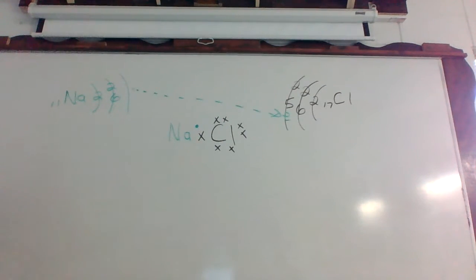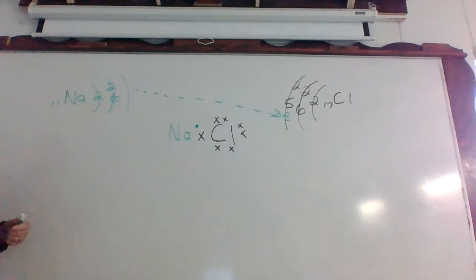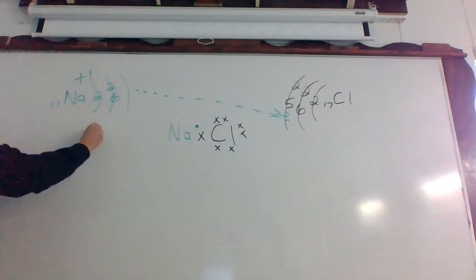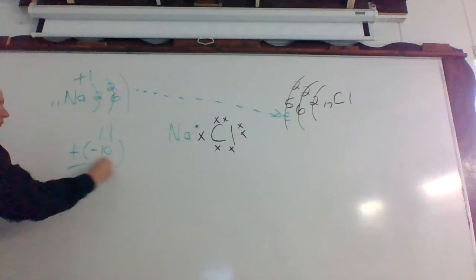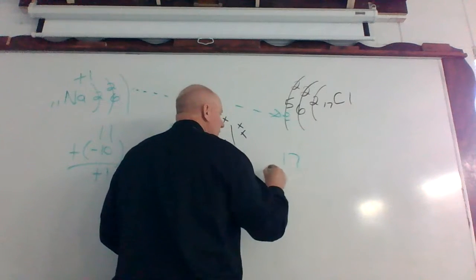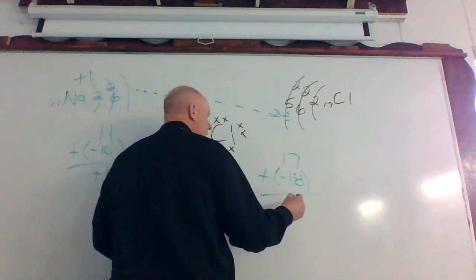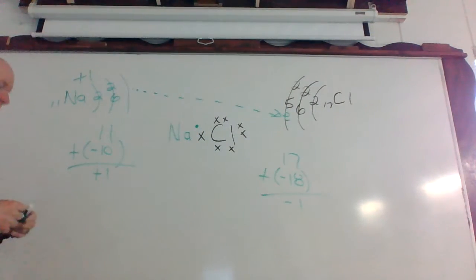Therefore, this is a little bit of forecasting, but then from physical science, this is nothing new. This has a +1 charge, because if we take 11 plus a -10, what do we get? And if we do the same thing over here, we take 17 and add a -18, what do we get? -1. Okay? So that's why you see those charges in the boxes then.